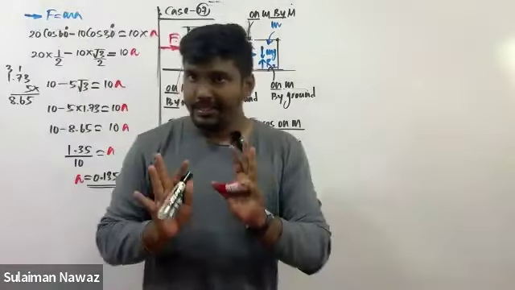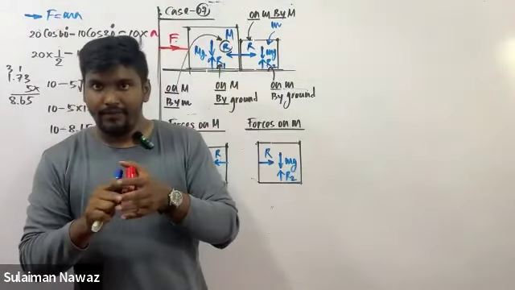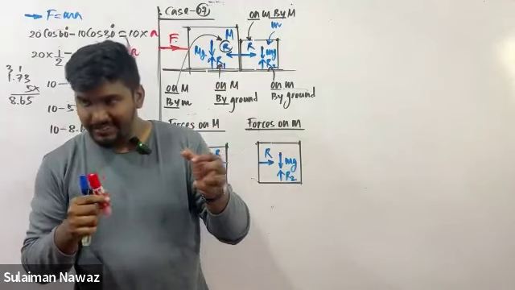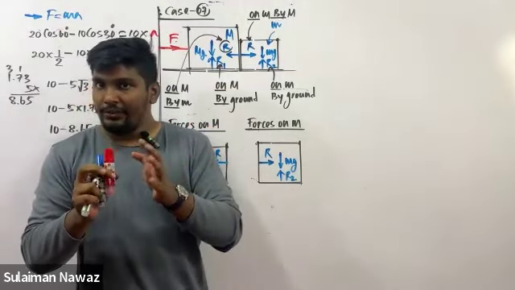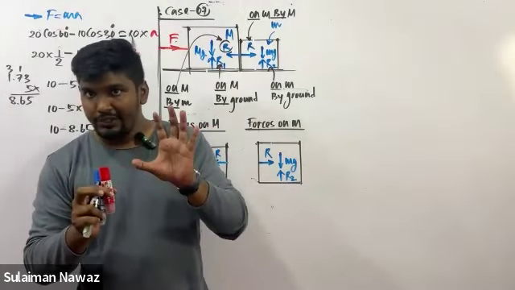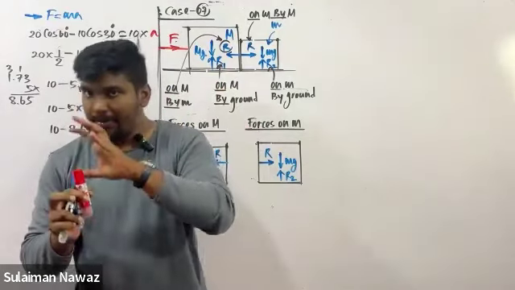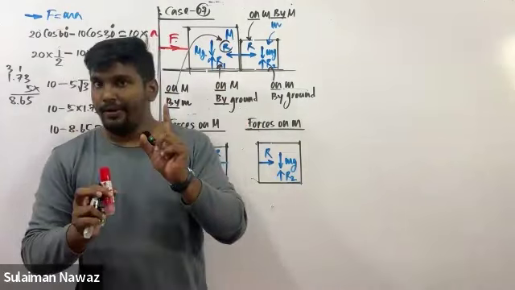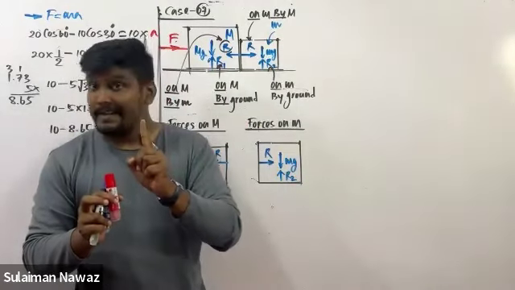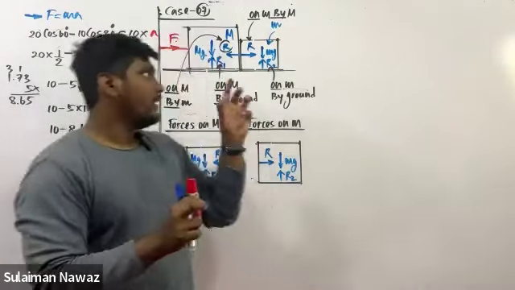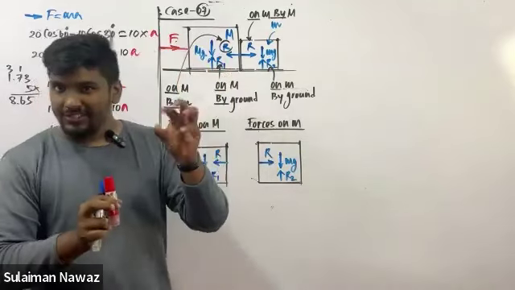Now the first important thing: when there are two objects in contact with each other, we understood how forces act on each object. We understood separately. We drew each object and marked the forces on capital M and small m. Now, we are not talking about frictional forces.